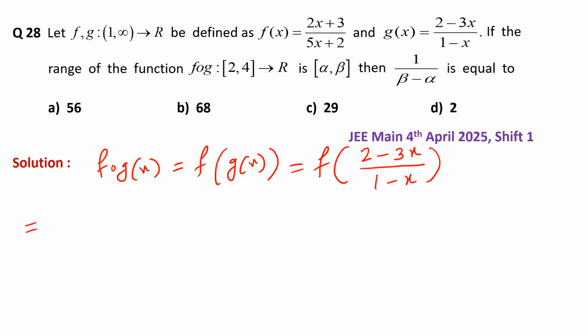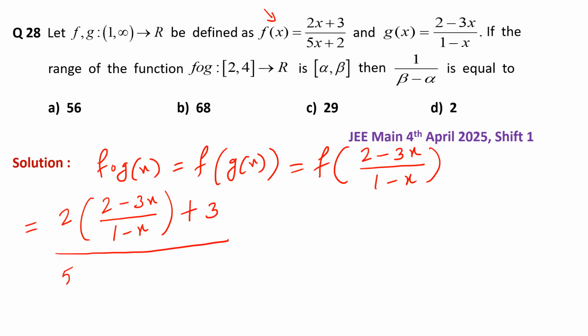Now, to find f of (2 - 3x)/(1 - x), I will put x as (2 - 3x)/(1 - x) in the function f(x). So now it becomes 2 times (2 - 3x)/(1 - x) plus 3, whole divided by 5 times (2 - 3x)/(1 - x) plus 2.